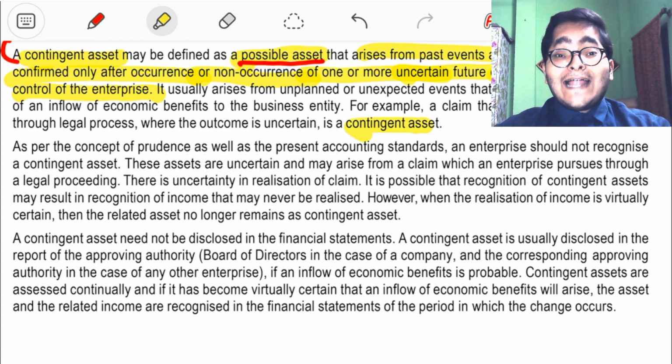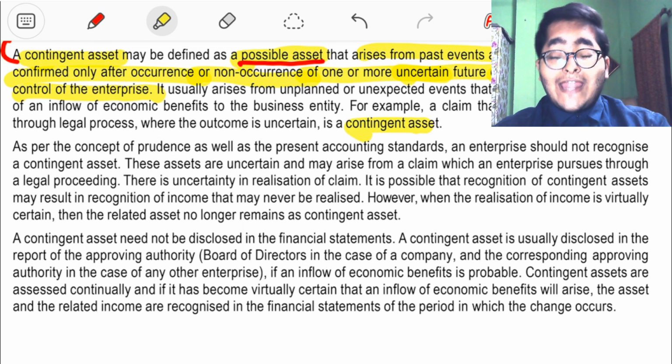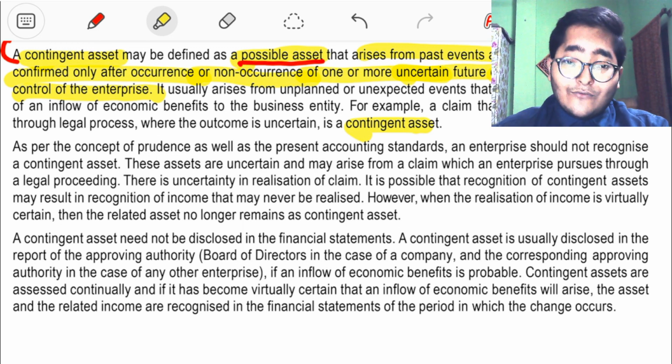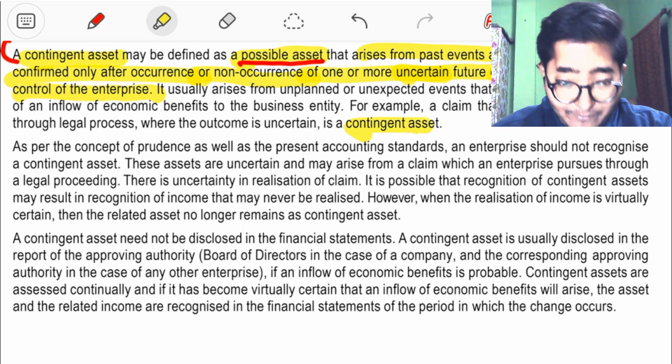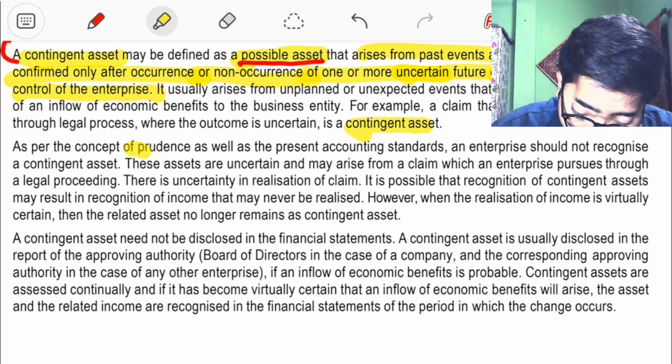So we must anticipate for possible losses or liabilities, and that is why any possible gain or an inflow of cash or any economic benefit is not shown in the books of accounts as per the prudence concept. So as per the concept of prudence, we have learned this.